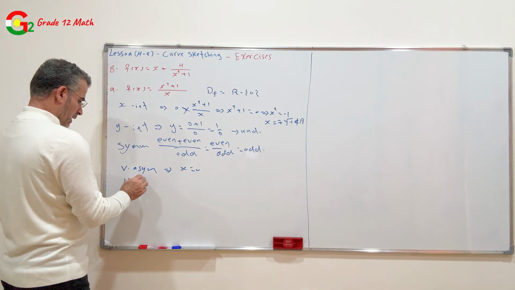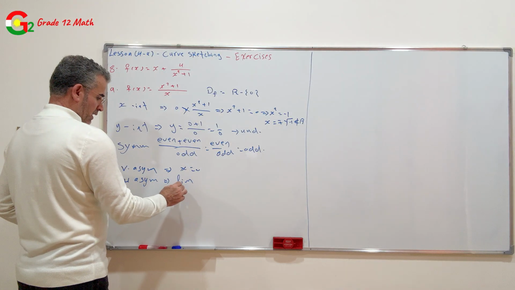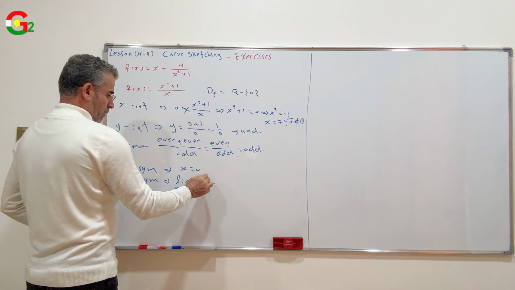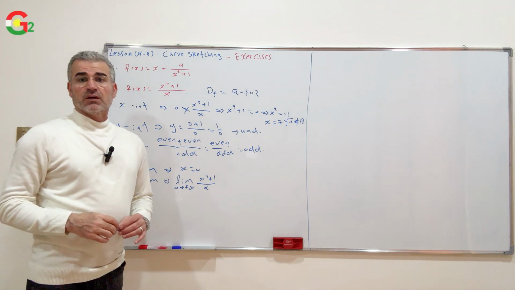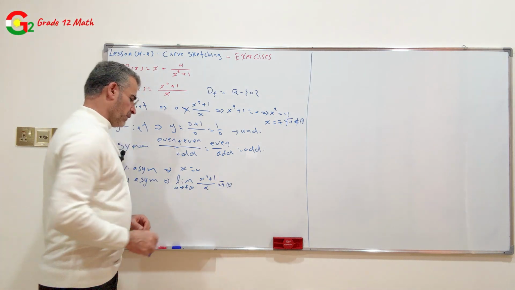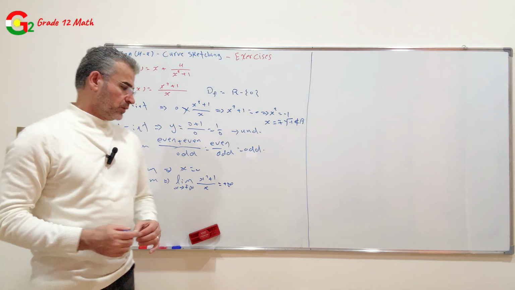For horizontal asymptote, we find the limit of the function when x approaches negative or positive infinity, x power 2 plus 1 over x, since the degree of the numerator is greater than the degree of the denominator, then the limit is negative or positive infinity. Therefore, there is no horizontal asymptote.